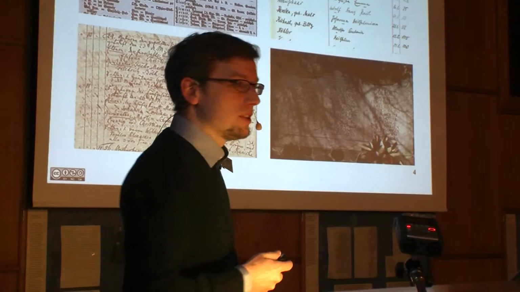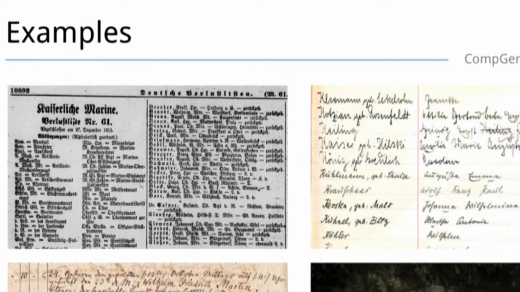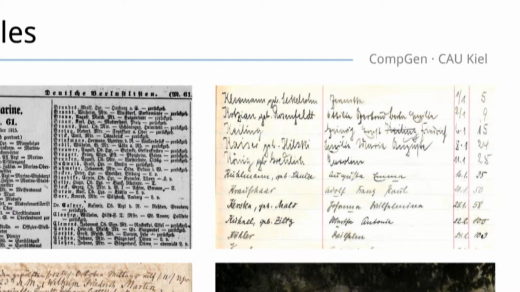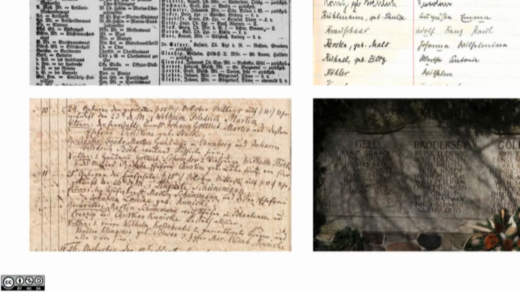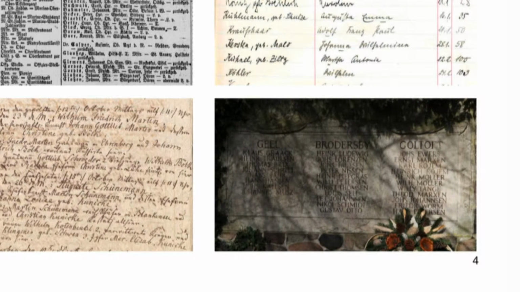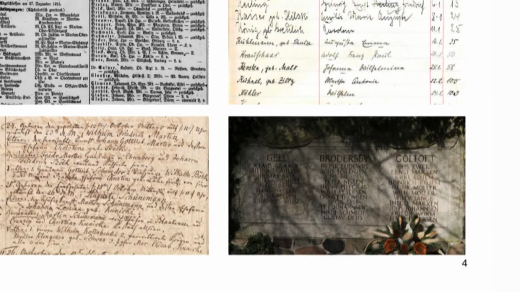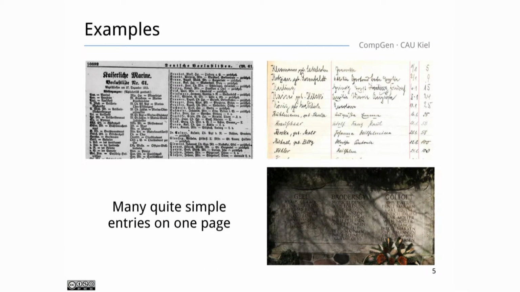Okay, these are 4 examples of sources we're working with. We have a military source, the German casualty lists of World War I. We have a name index from the civil register. We have church records, and we also have these memorial stones with names on them. And maybe you already see there are 2 different categories of sources. On the one hand, we have sources with a lot of entries on one page, but these entries are quite simple.